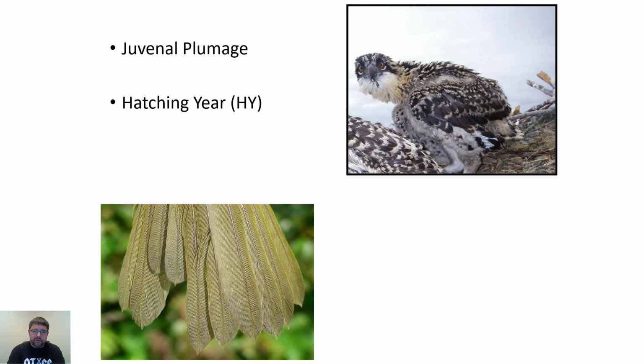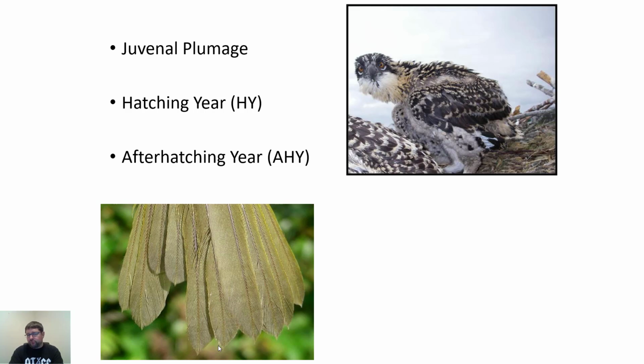mist netting videos, but you can see here that this comes to a point, or is kind of V-notched, in that this is a juvenile's tail feather. Adults will be more round and then have a sharp edge coming off, and that feather won't come to a point.